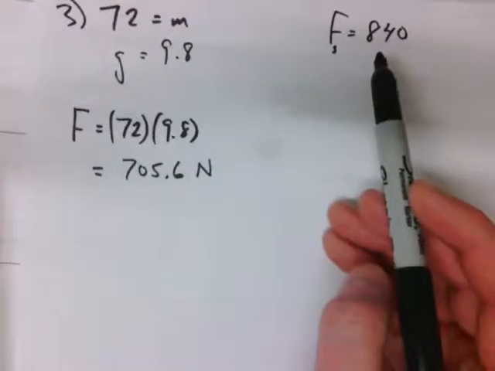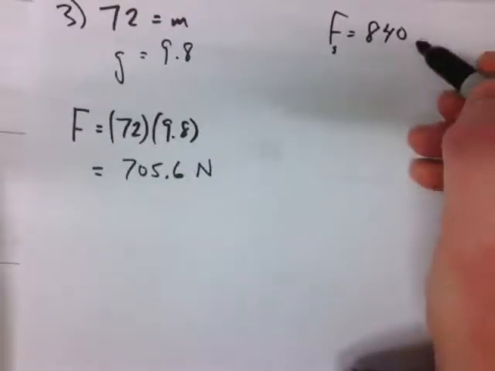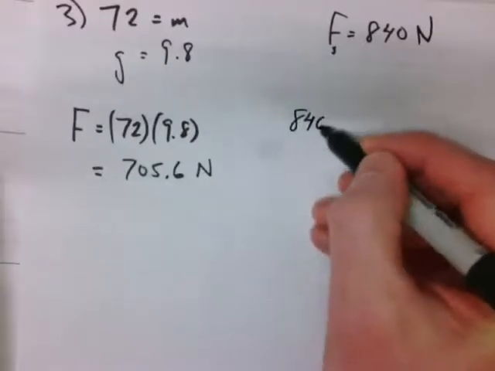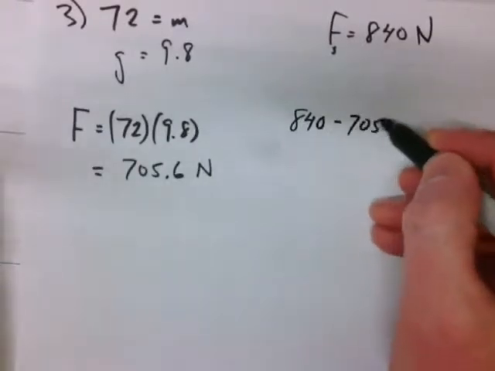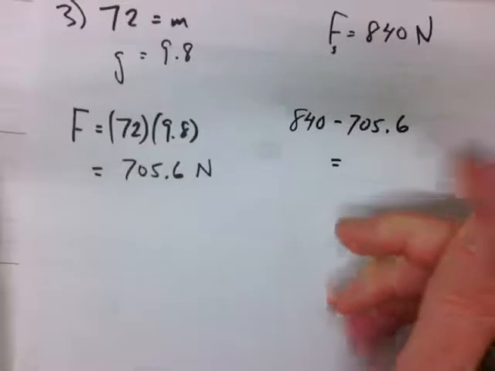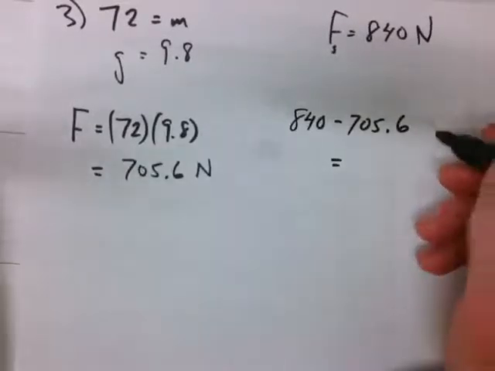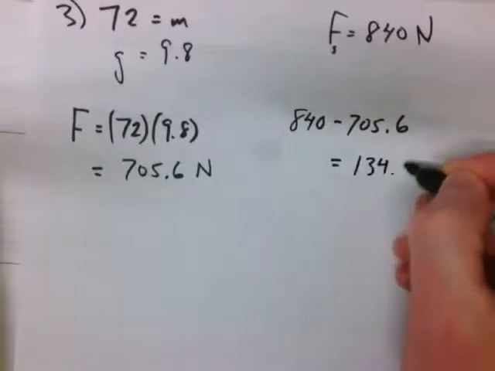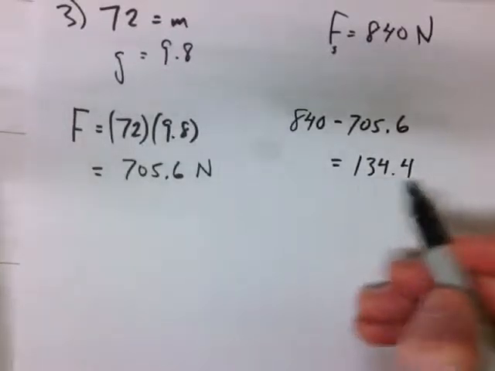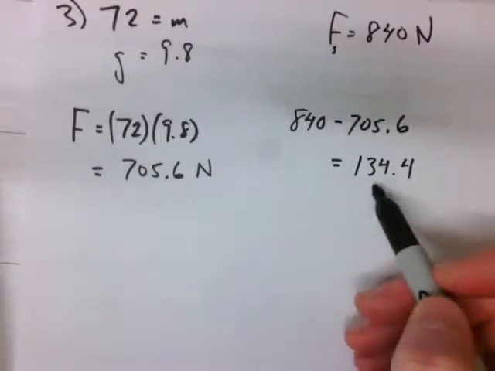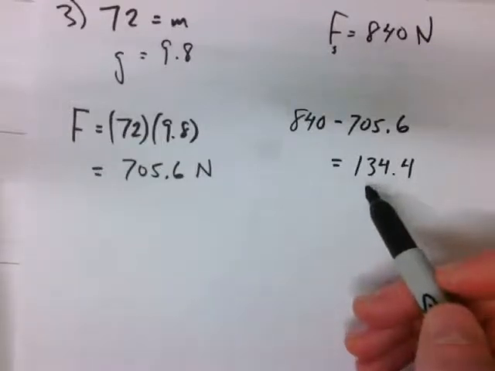We're told there's an 840 newton measure. Why the discrepancy? 840 minus 705.6 equals 134.4. There's a 134.4 newton difference. This is what we're going to use to figure out that acceleration.